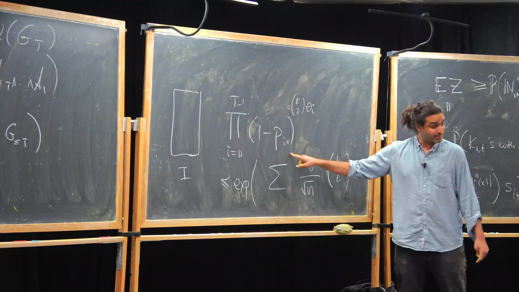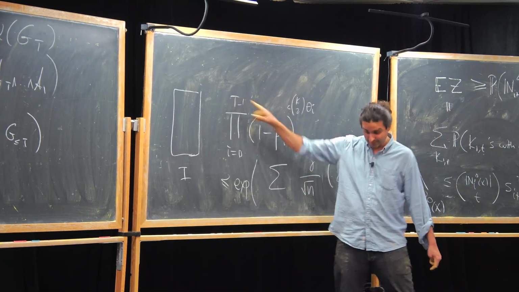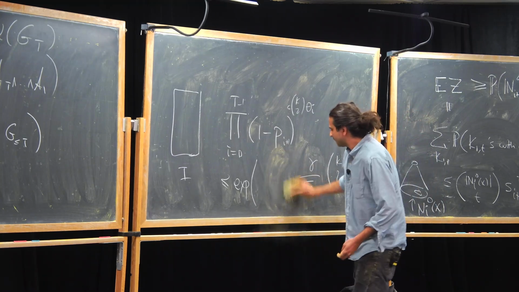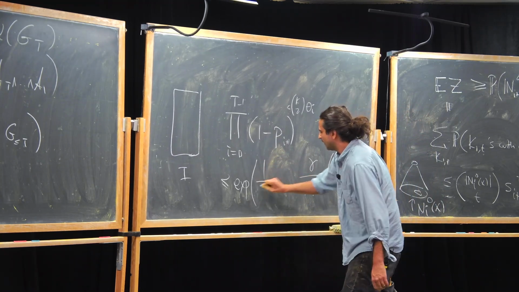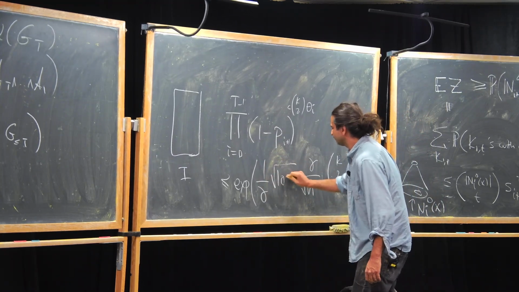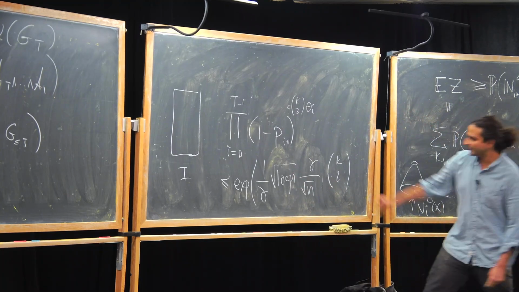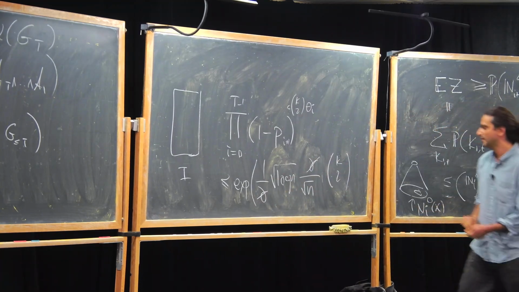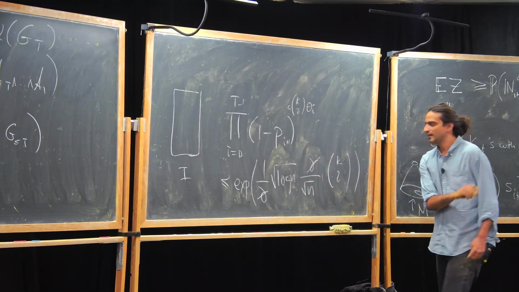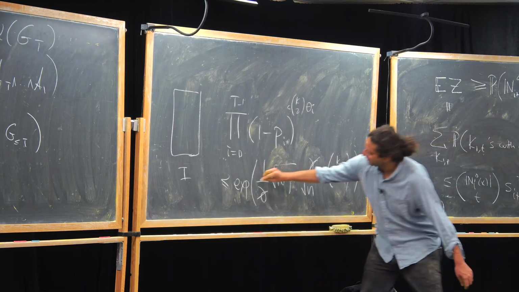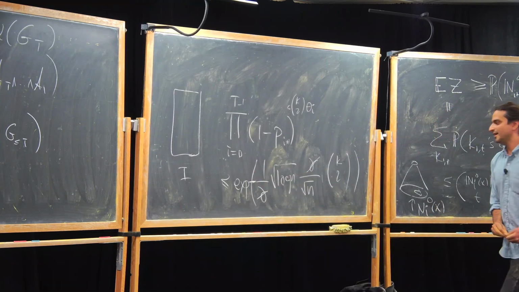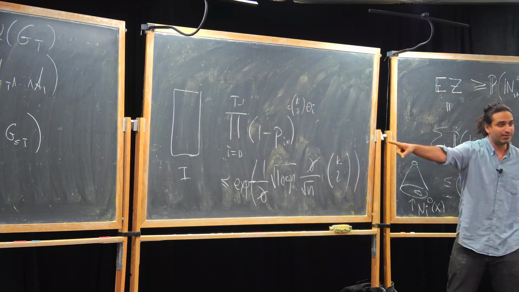And I know how big the sum is, I go up to take t steps. So what is t? t is 1 over gamma times root log n. So the gammas will cancel. And now I claim that this thing will compete with this.